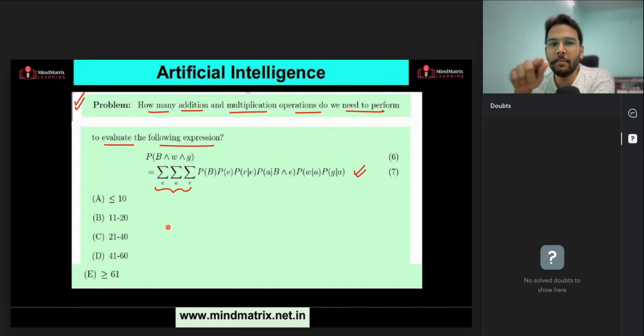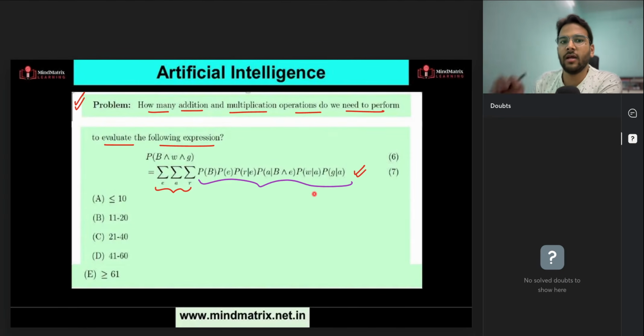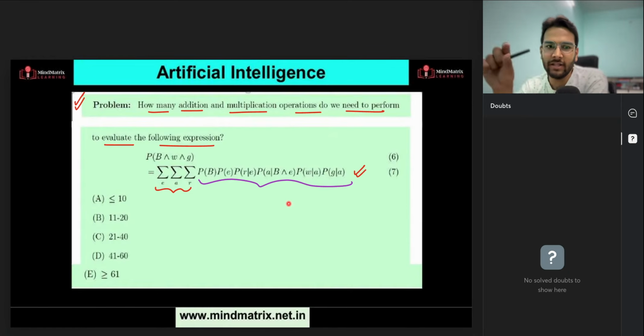Exactly. How many multiplications are you doing over here? How many terms do you have here? I mean, how many multiplications between these terms are you performing? 1, 2, 3, 4, 5. Carefully see this: how many multiplications do you have in this entire expression? 5. Correct? Okay. So 8 combinations and 5 multiplications.